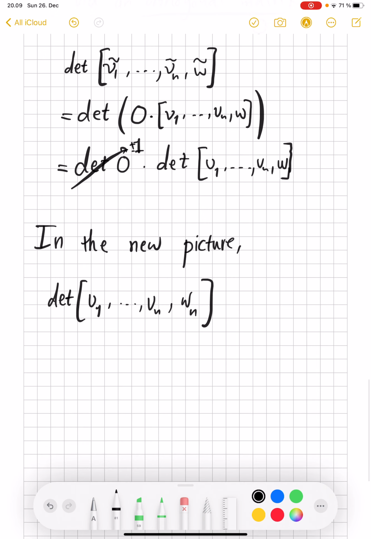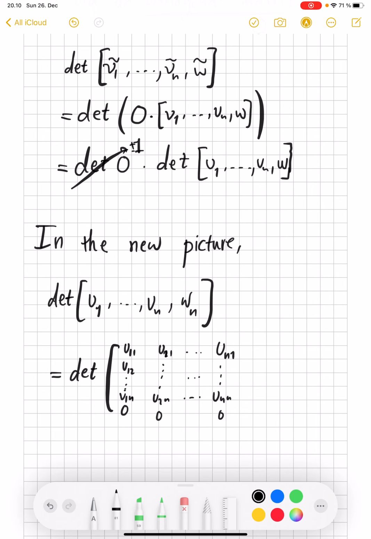So these are vectors according to the new picture, which means that these are v11, v12, ..., v1n and 0, they have no height, they're flat, then v21, ..., v2n, 0, and this continues until you have vn1, ..., vnn, 0, and then w1, w2, ..., wn, and w(n+1), because w is not flat.